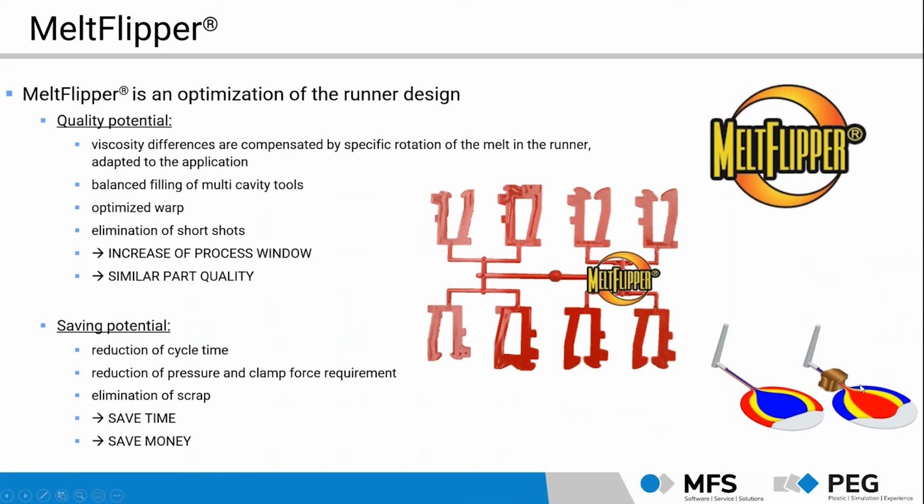And so to rotate it in that way that we fill the inner areas of this cavity first, and so to avoid an air trap here and in general to achieve a more equal filling of this part. So it's also possible to use this technology in some special cases or special applications in single cavity tools.